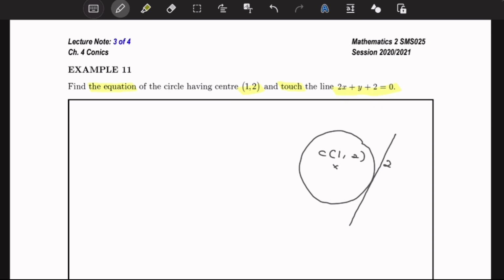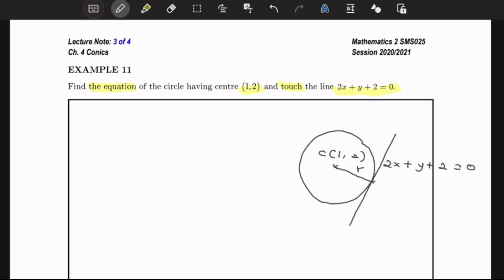The equation is 2x plus y plus 2 equal to 0. If we connect the touching point with the center, you can see that there is your radius R.